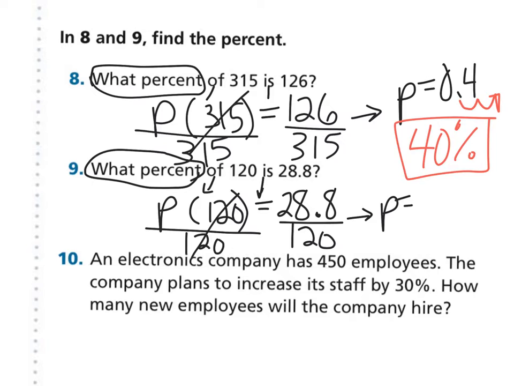When you do that, you should get a decimal, 24 hundredths. Move your decimal over 2 places, and that means it would be 24%. So 24% of 120 is 28.8, and if you work that out, you'll see that that is correct.